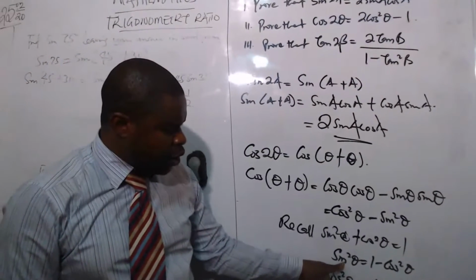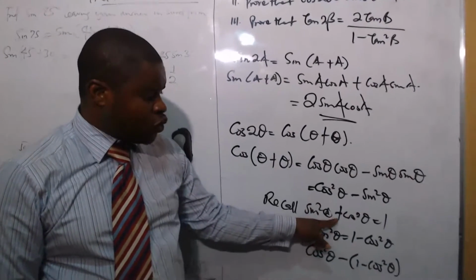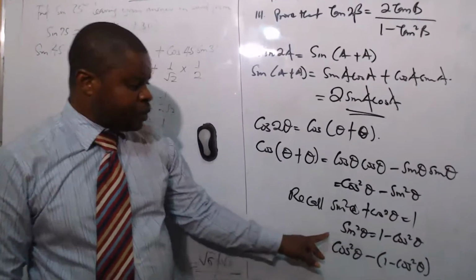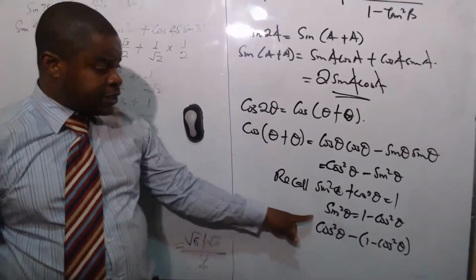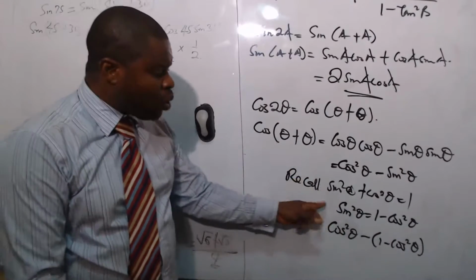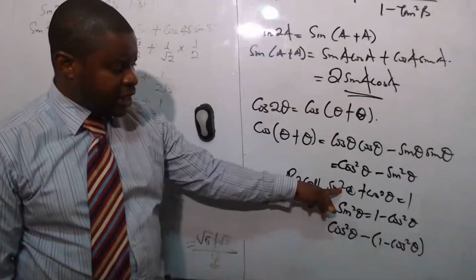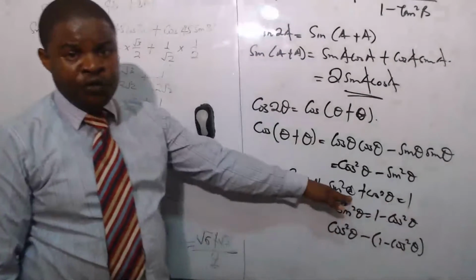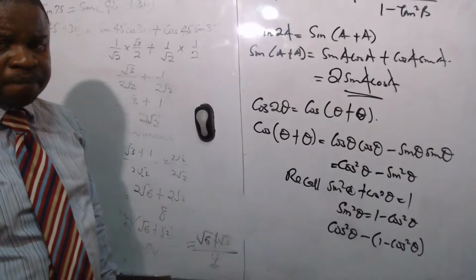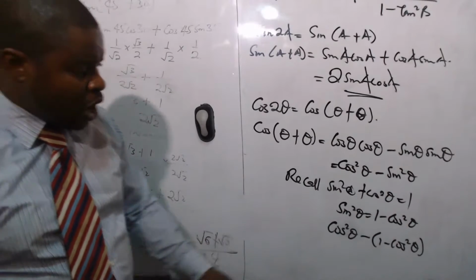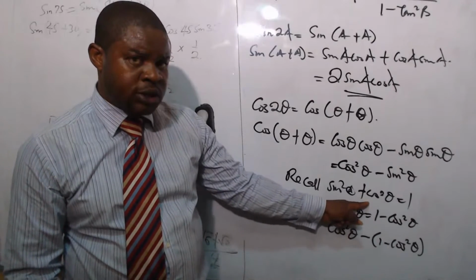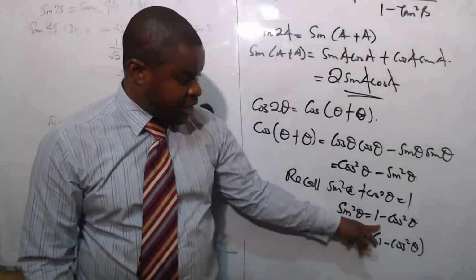Recall, sine square theta plus cos square theta is equal to 1, and since we are dealing with cos, we don't need sine in this value. Making sine square theta the subject of the formula, transferring cos square theta to this side, it takes a negative value.